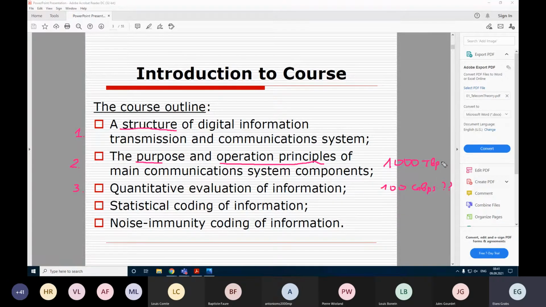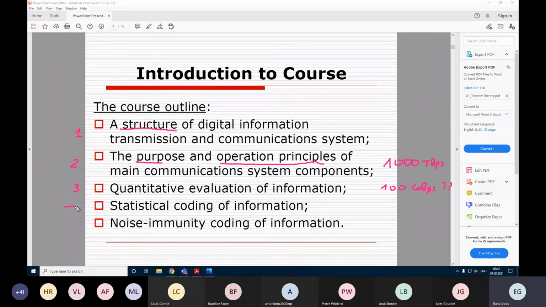Well, the short answer is it's definitely possible, but this will have some requirements. And we'll talk about what are these requirements that define the cap, the limit for the data transfer rate. So we'll talk about that in this course as well.